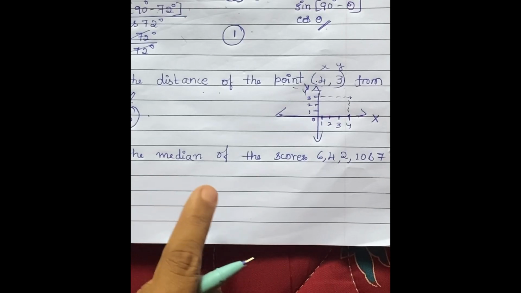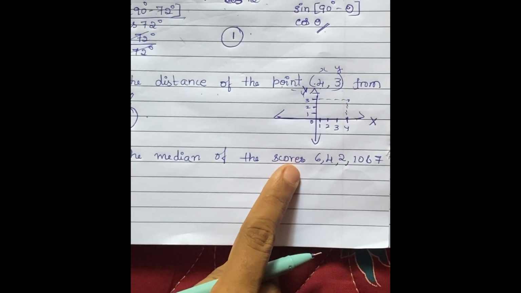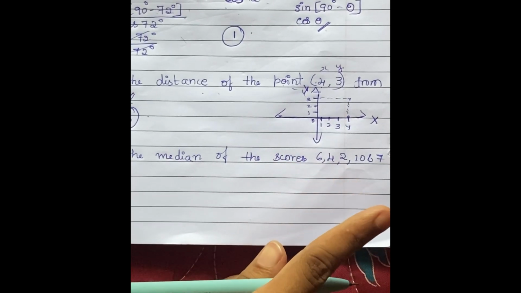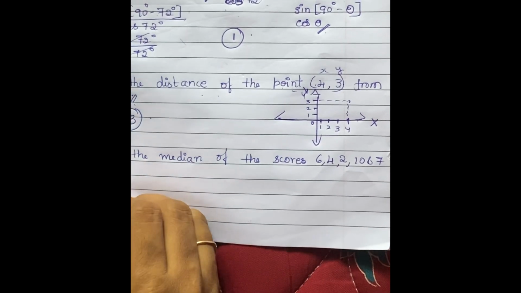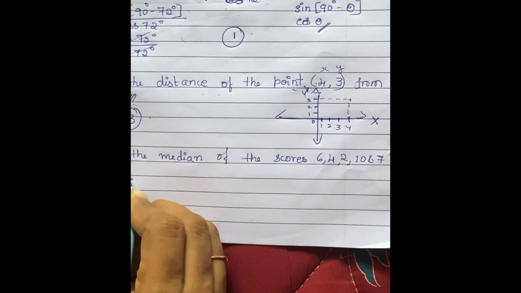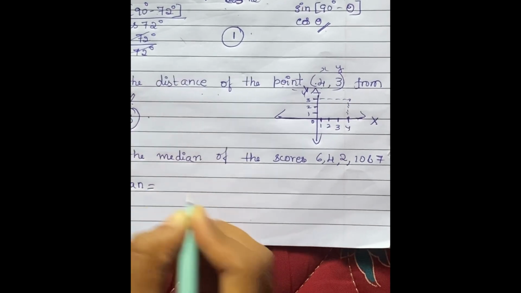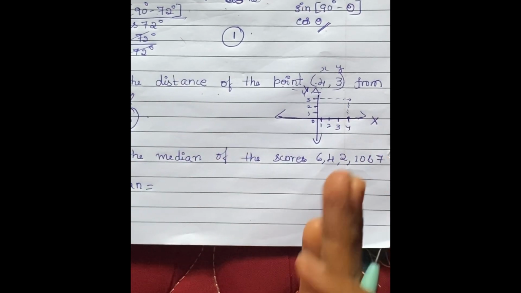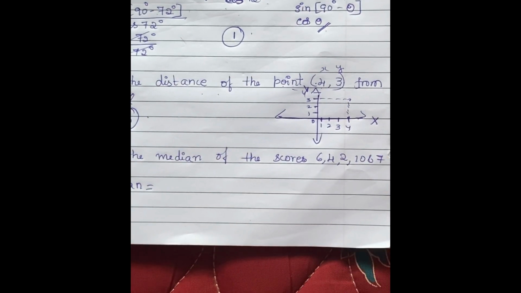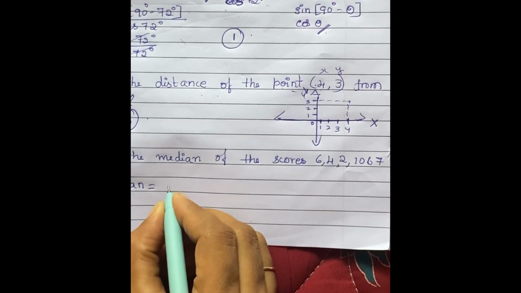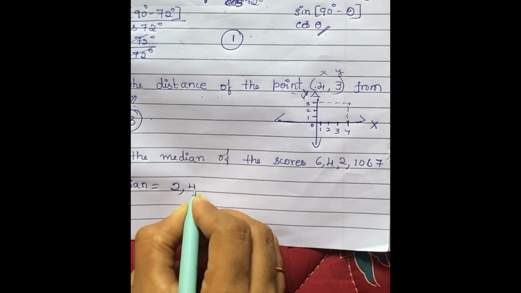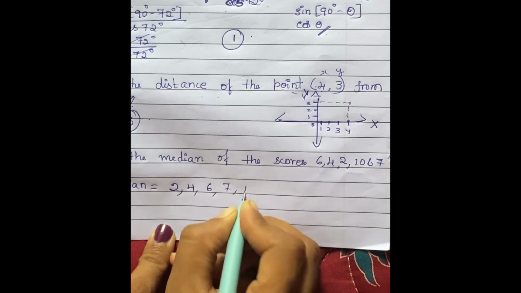Next is find the median of the scores 6, 4, 2, 10 and 7. So how do we find the median? The first step is we need to write the given numbers in ascending order, that is 2, 4, 6, 7, 10.